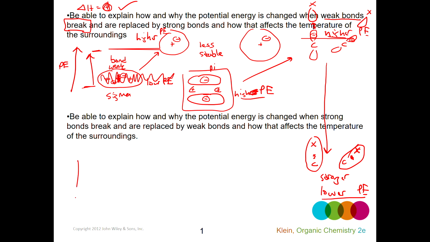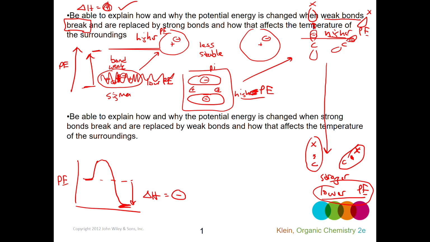So I have a relatively high potential energy to begin with, I have to put some energy in to break the bond, but when the new bonds form, they're the most stable of those three possible states, the lowest potential energy of those options. And so that's where I get a value for delta H that is negative overall.